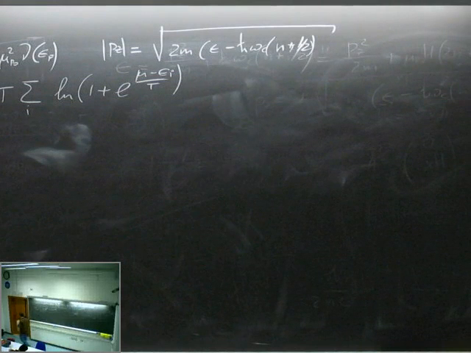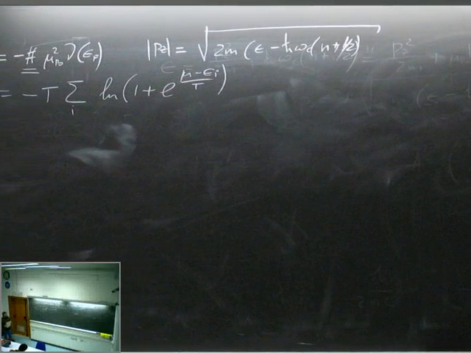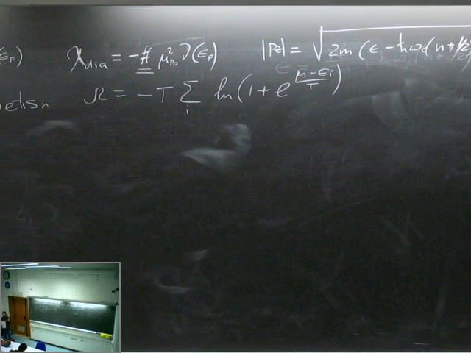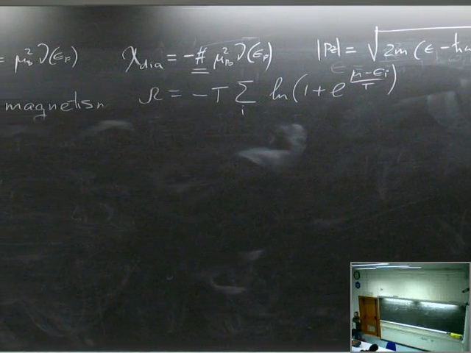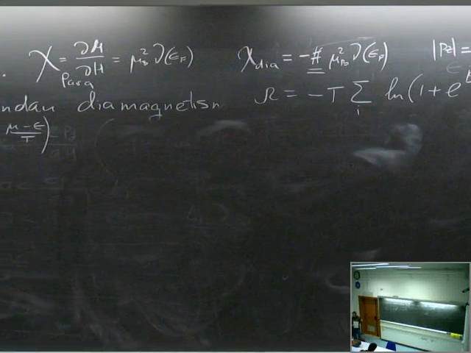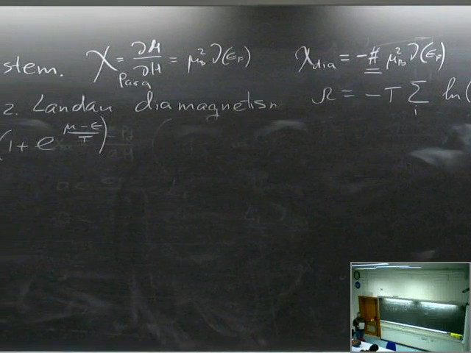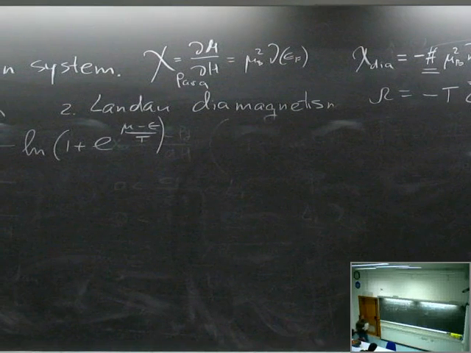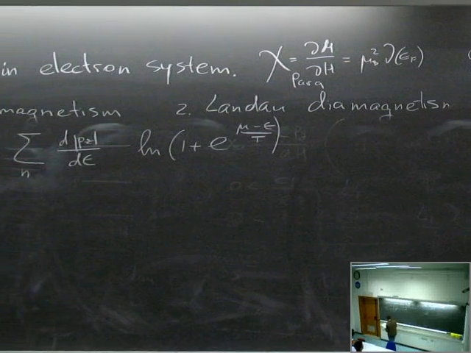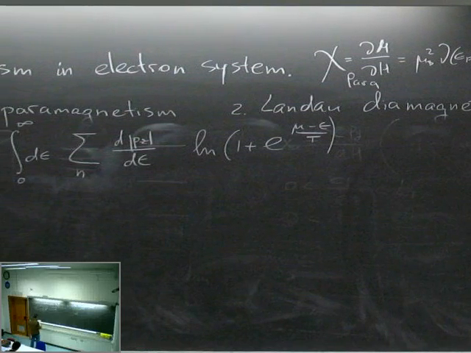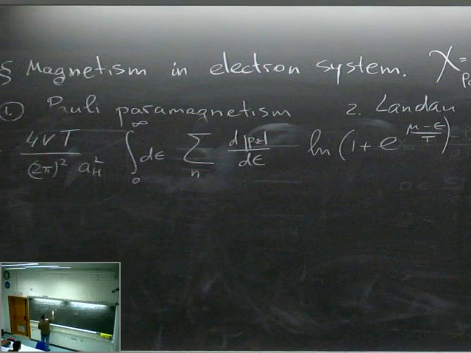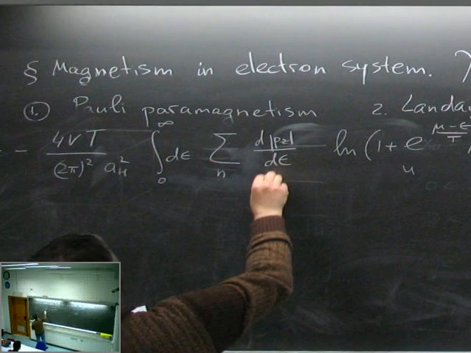It's very inconvenient to have a logarithm in the formula. So therefore, the first thing, I would like to get rid of the logarithm. In order to do it, I will integrate by parts, and then instead of the logarithm, I will have the Fermi distribution function. Okay, so this is then u, and this is dv.